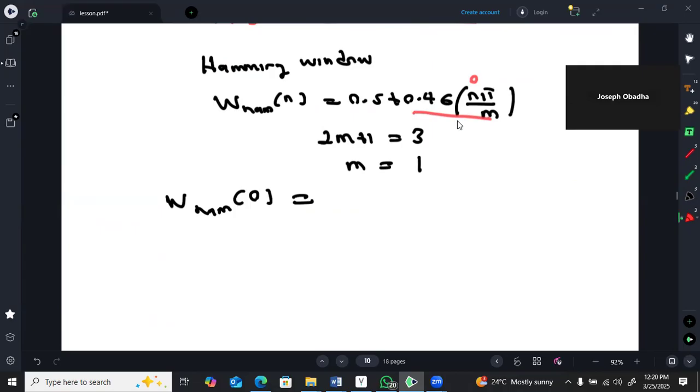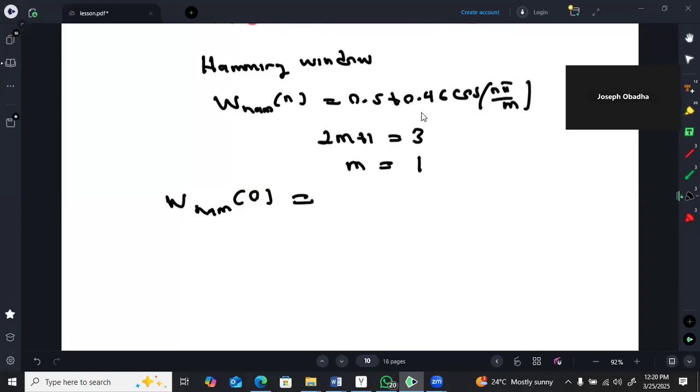Oh, there's a problem with the way I wrote the function. This function should actually be this. I can confirm this from other sources. 0.46 cos n pi over m. This is the Hamming window.